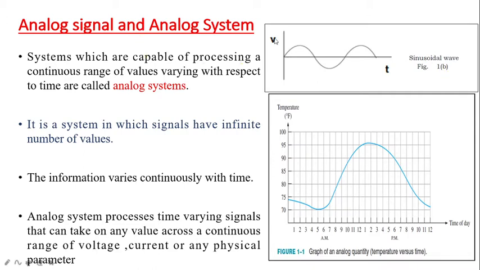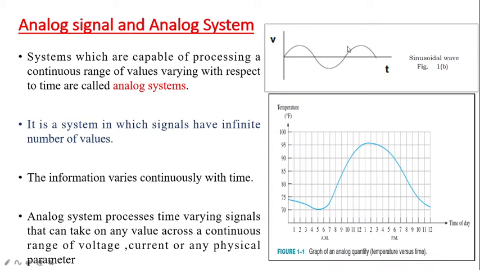If we consider this as an analog system, it has the capability of processing a continuous range of values varying with respect to time t. Here the varying values are the voltages. The voltage variation can be plotted against the time t, and as this is continuous we can represent it in an analog form.